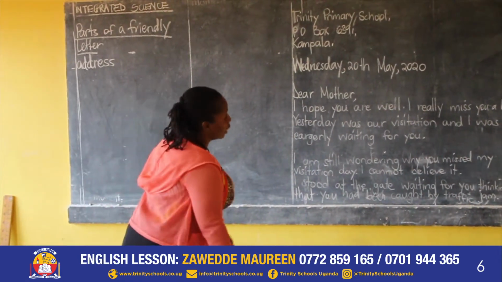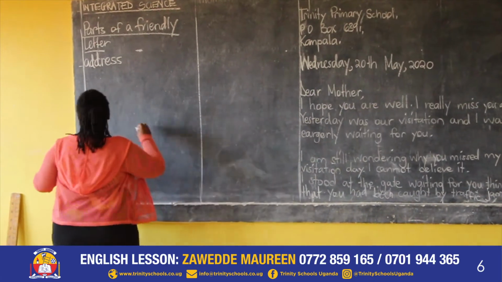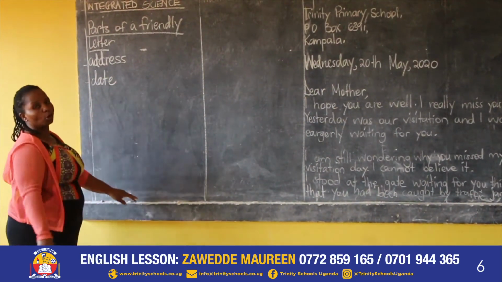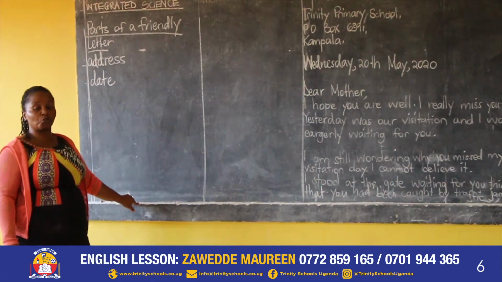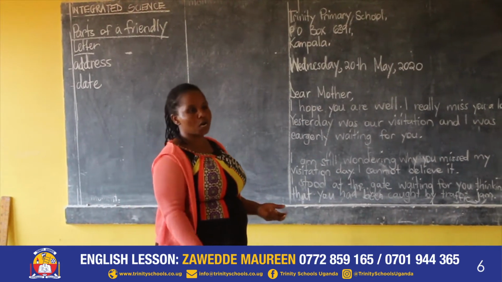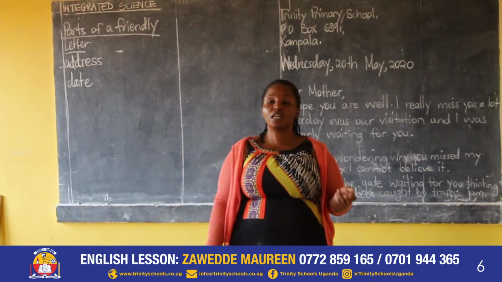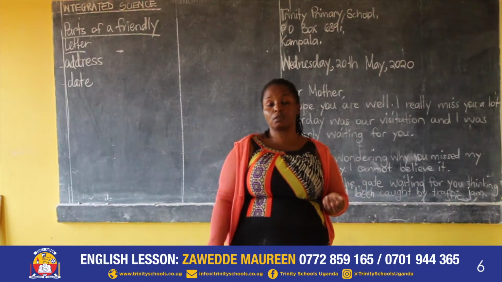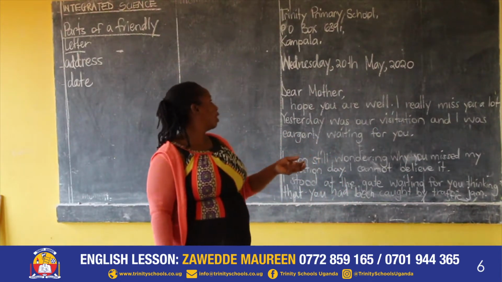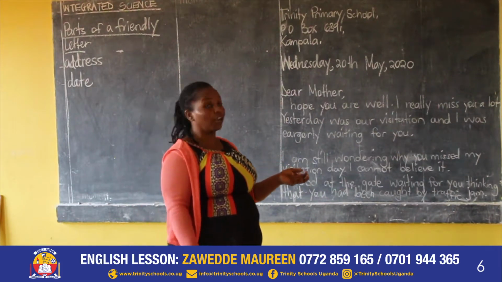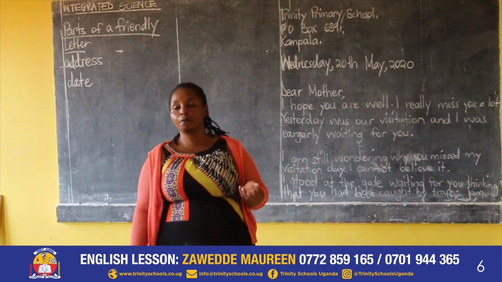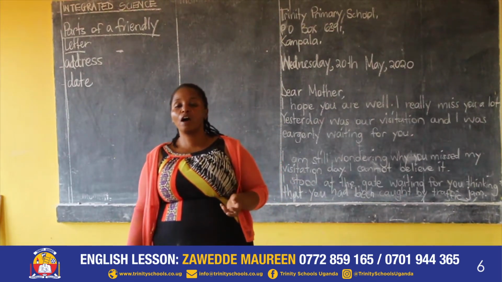Then another important part of a friendly letter is the date. The date on which you've written the letter is extremely important. Sometimes you may send a letter to someone and the information in the letter could be out of date. You write it today, for example, on Wednesday, 20th May, and the person receives the letter possibly after March.